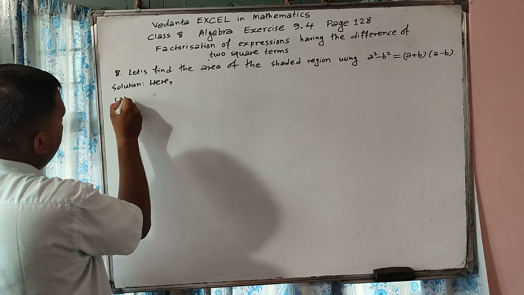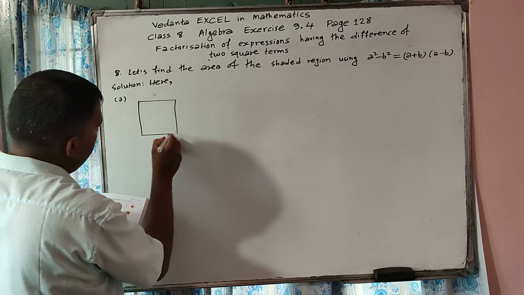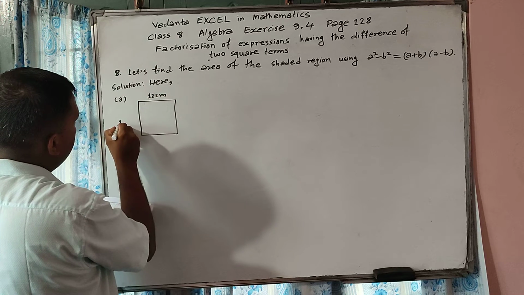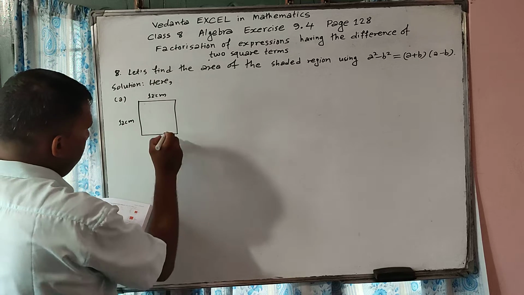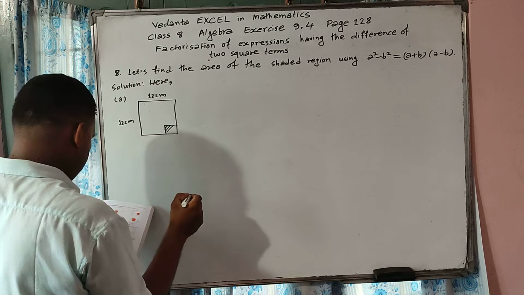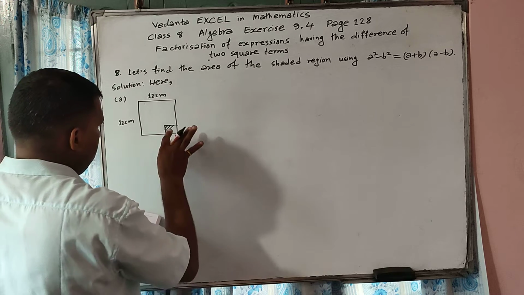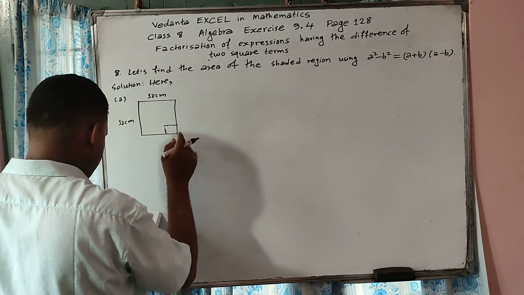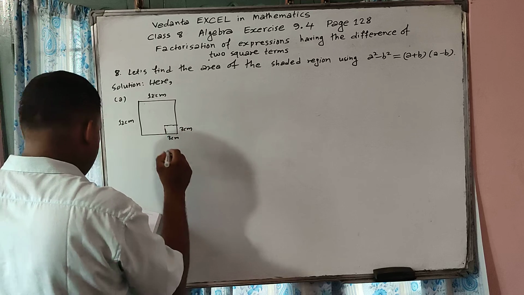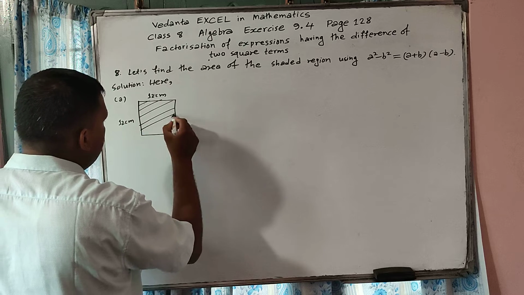Here on A we have a square whose side is 12 centimeter, and the unshaded part is 3 centimeter. Now this is the shaded part.